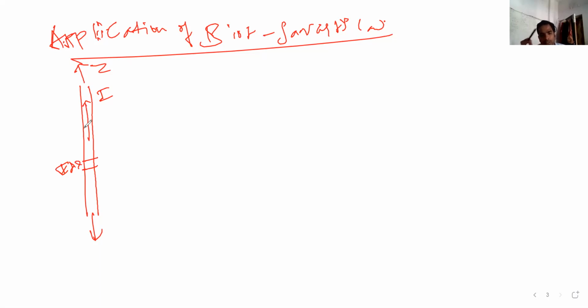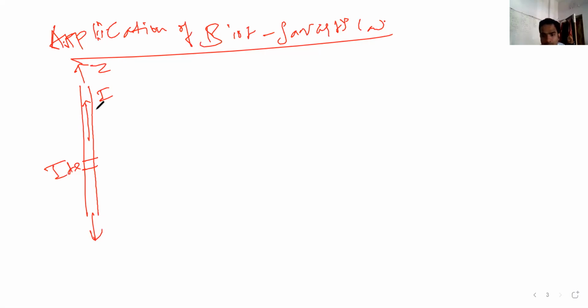Here the source of the magnetic field is the current. So we take an infinitesimally small current element, in this direction. The direction of the current element is the same as that of the current.